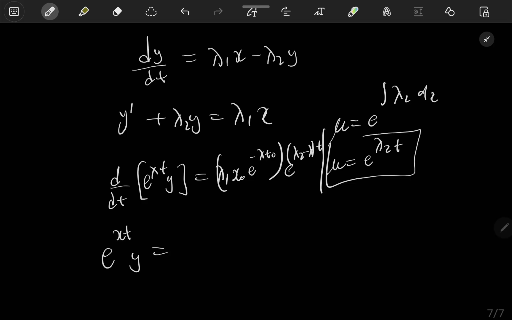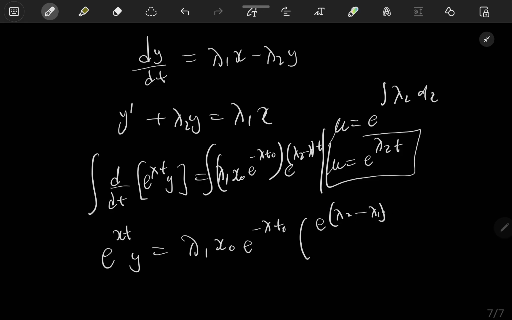Considering that you're integrating both sides here, I don't know how you're going to handle this integration, but you will get something that looks like that, x naught e negative lambda t. The reason I'm skipping integration parts is that it would make our video a bit longer, and that's not what we are trying to teach, integration.